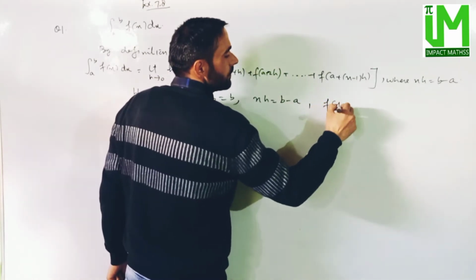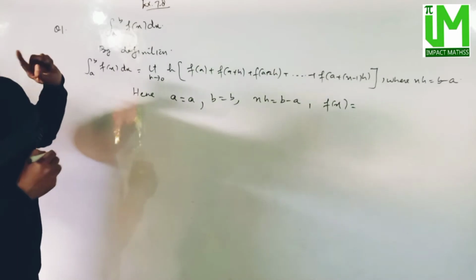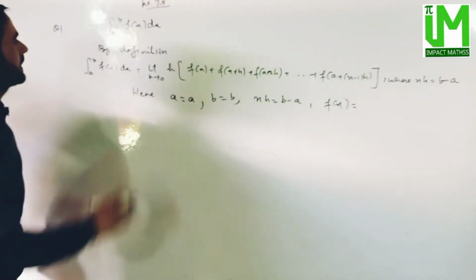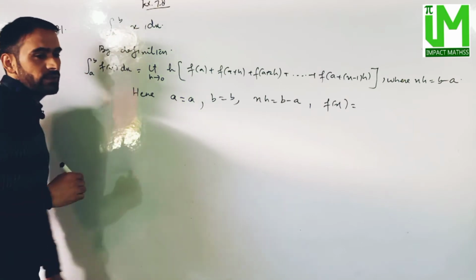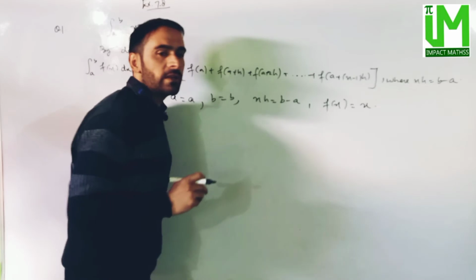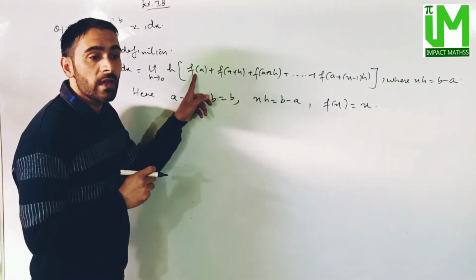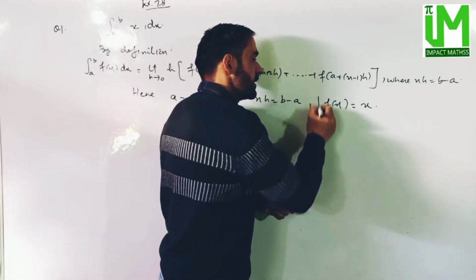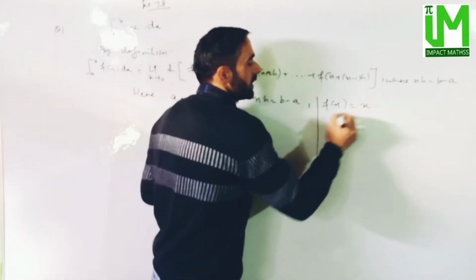And f(x) here is equal to x. In fact, the integral is from a to b of x dx, so f(x) is equal to x.